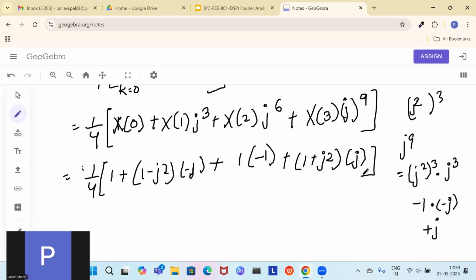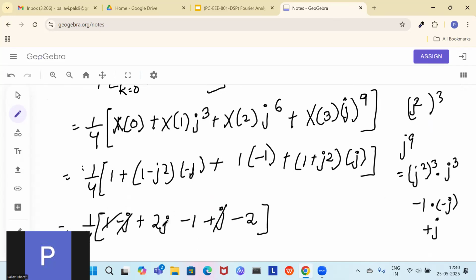Now 1 by 4, 1 minus j plus 2j minus 1 plus j plus 2j square, that will be minus 2. Now plus j and minus j gets cancelled.